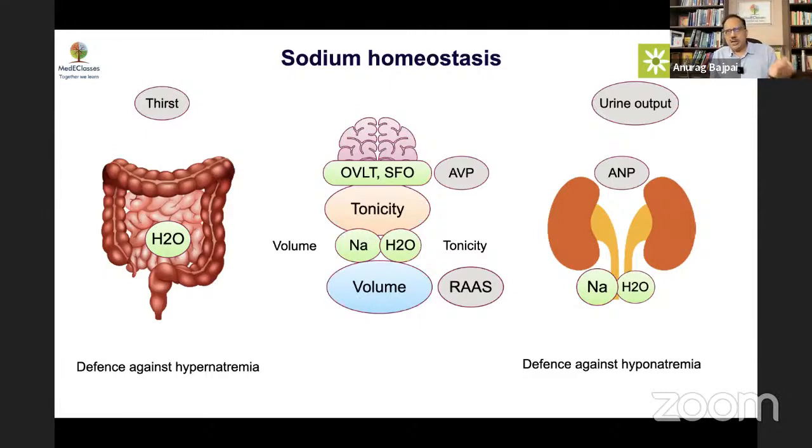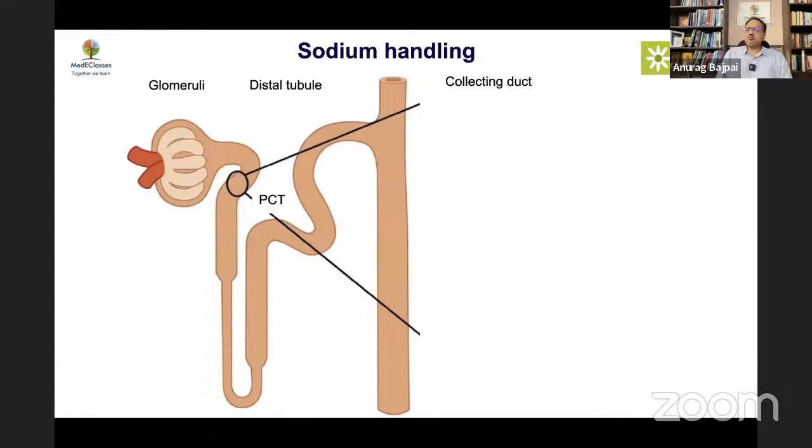Similarly, and we'll talk about potassium later on, to have persistent hypokalemia, you need to have high aldosterone, which may be primary or secondary. So anybody who has chronic hyponatremia, AVP has to be high. Anybody with chronic hypokalemia, aldosterone will always be high. Both of them can be appropriate or inappropriate. That's a different thing altogether in that regard.